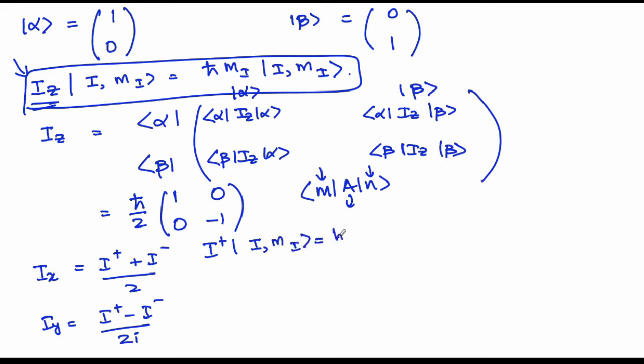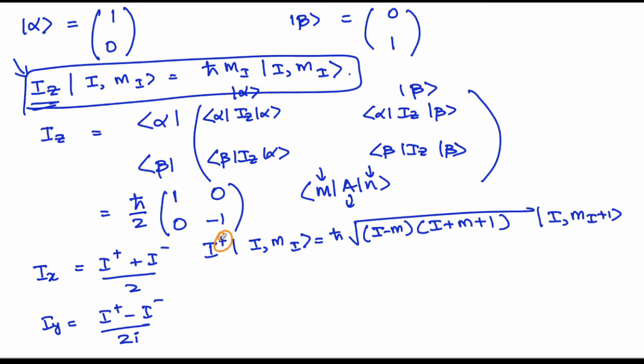This is going to give you h cross times square root of (I minus m) times (I plus m plus 1) times |I, mI plus 1>. So what the ladder up operator does is to leave the I quantum number unchanged, and increment the mI quantum number by 1 unit with this given constant up front.